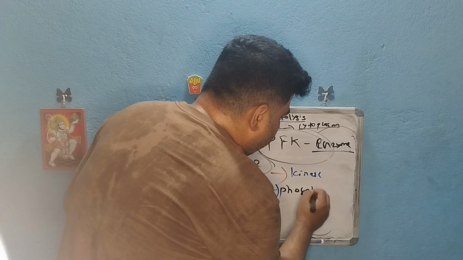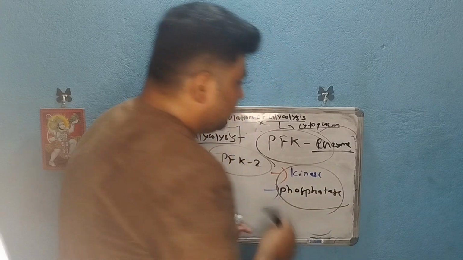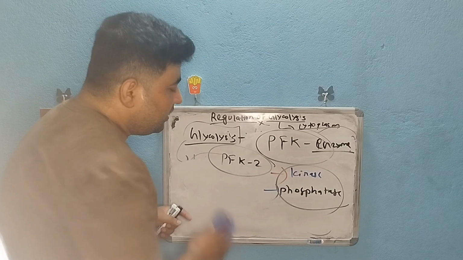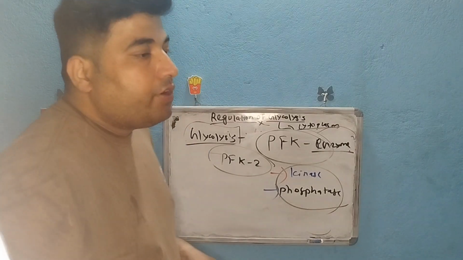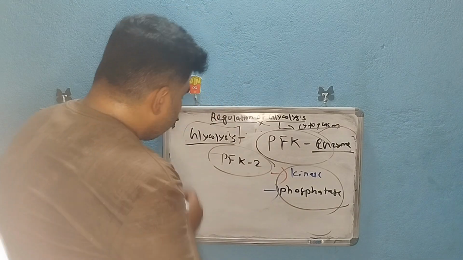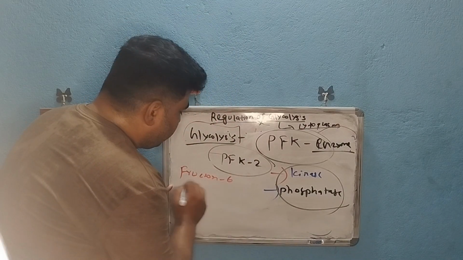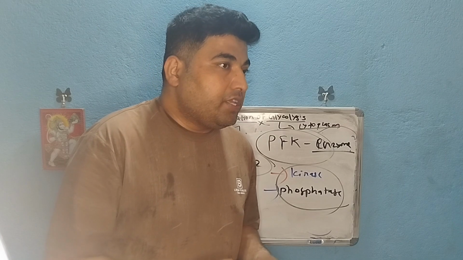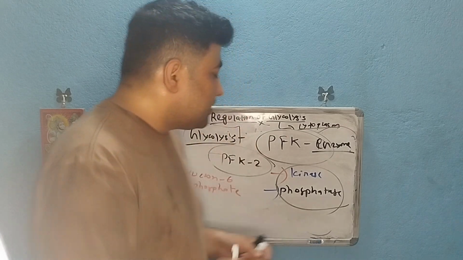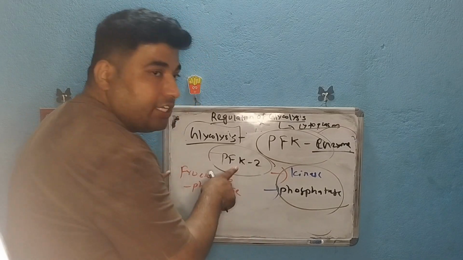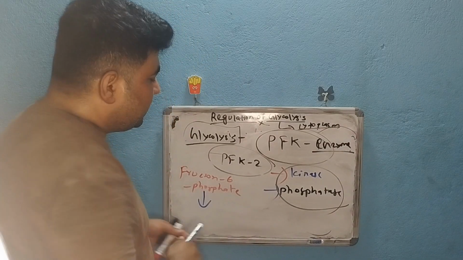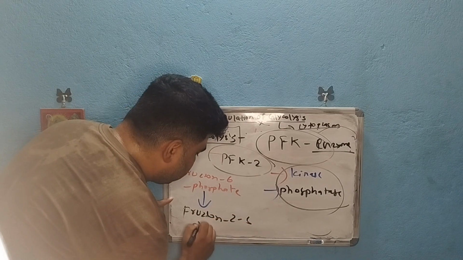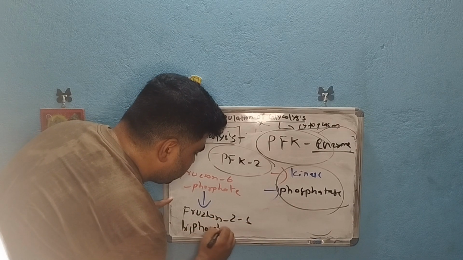During glycolysis, when there is an abundant supply of fructose 6-phosphate, or when there is abundant glucose present inside the cell, the kinase activity of PFK2 converts fructose 6-phosphate into fructose 2,6-bisphosphate.